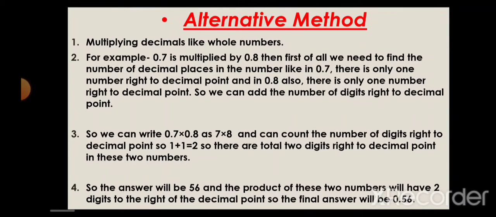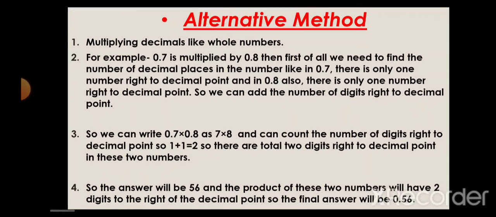In 0.7 there is only one digit right to the decimal point, and in 0.8 also there is only one digit right to the decimal point. By adding the number of digits in both numbers, we get two digits right to the decimal point.